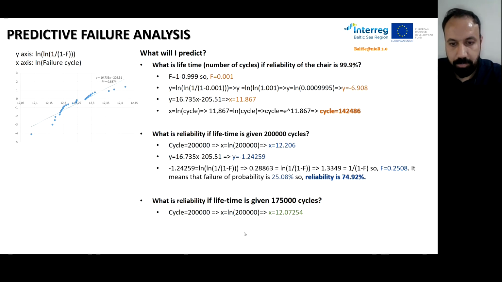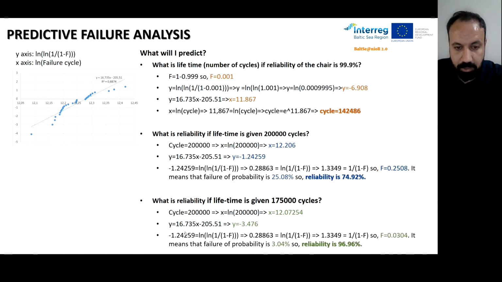I find x is 12.07 and y is negative 3.4, and I have to take twice the natural log of the value, and the reliability is 96.96%. My reliability is really close to 1.